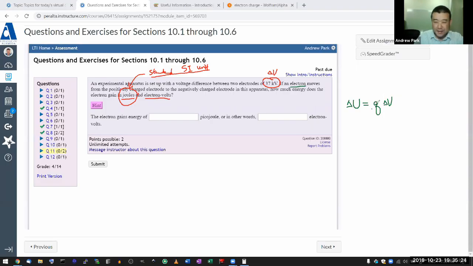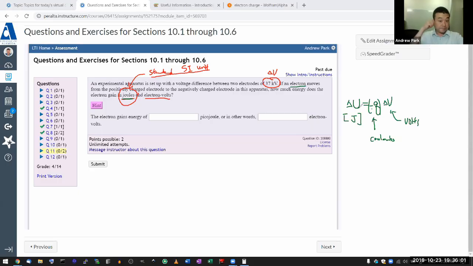Here there's a bit of a sign issue because the charge of the electron is actually negative. So in joules, it's simpler in this sense. If I plug in charge in coulombs and the electric potential change in volts, then all the units will work out. I'll get the unit of joules for the change in potential energy, or how much energy the electron gains as it accelerates between the electrodes.